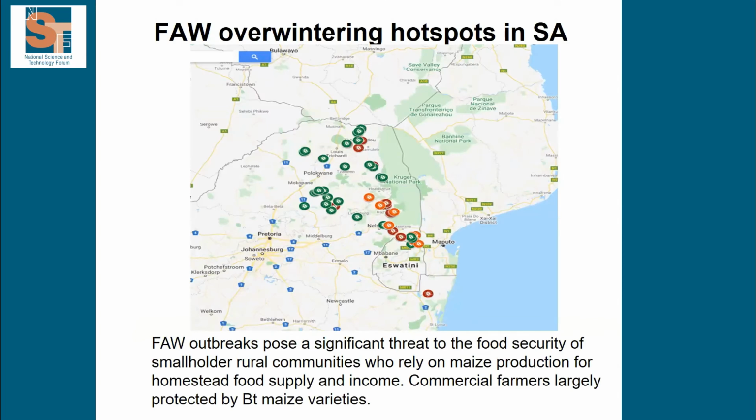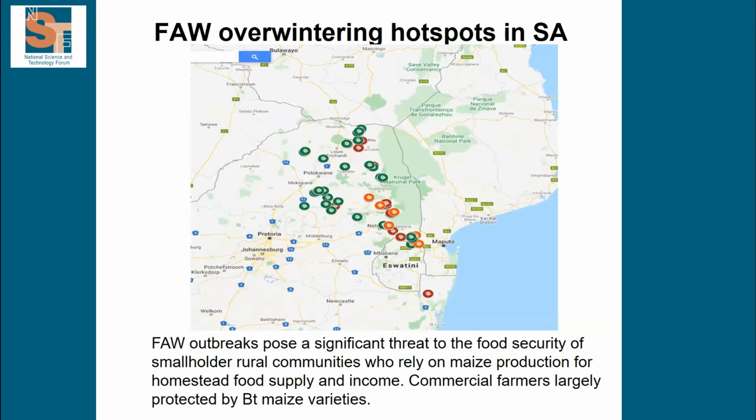The ARC was funded by the Department of Agriculture, Dillard and Jan Hendricks Group, to look at the places where the fall armyworm overwinters. This is now an endemic pest in South Africa. It's not an invasive pest anymore. It's here to stay.